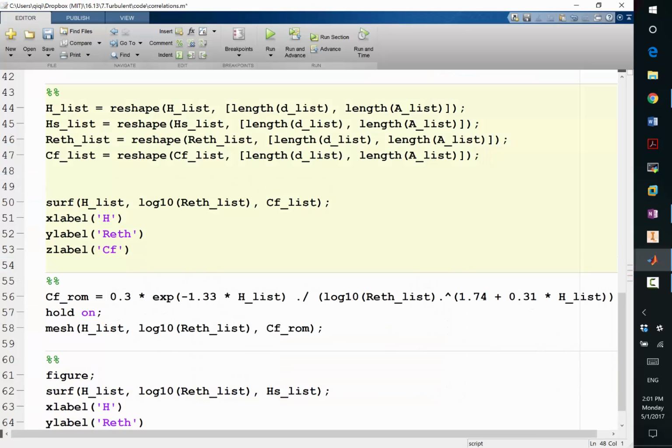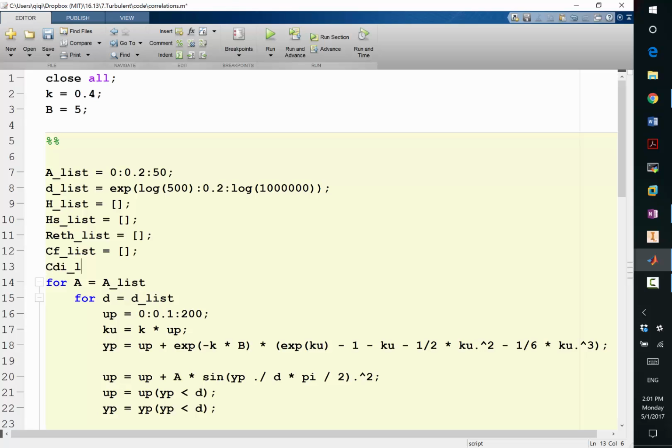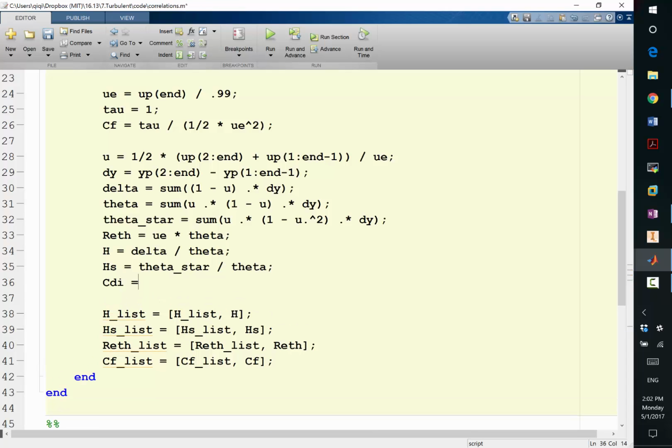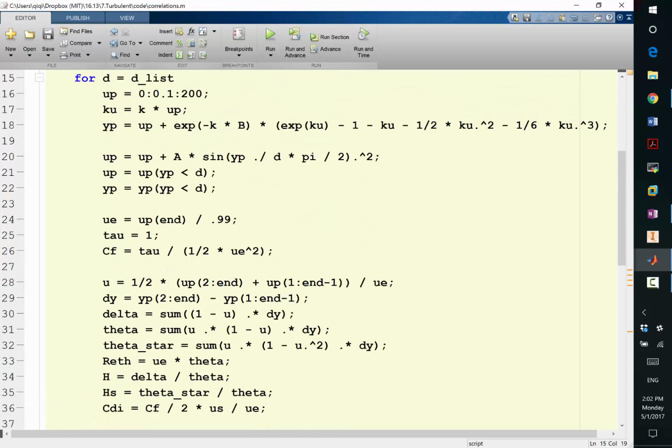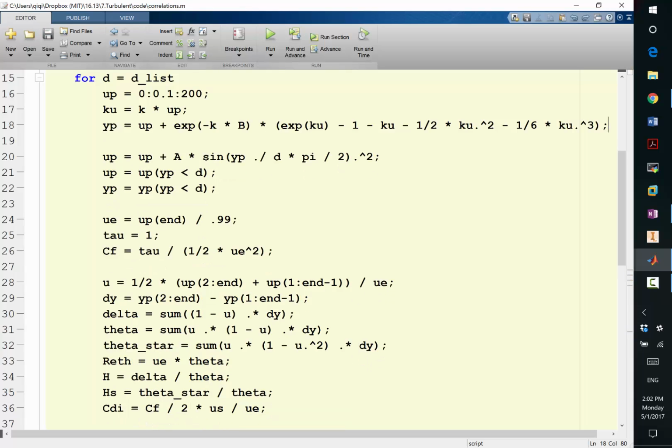So for example, we can have a CDI list, and here we can have CDI equal to CF divided by 2 times US over UE. So here, what is US?